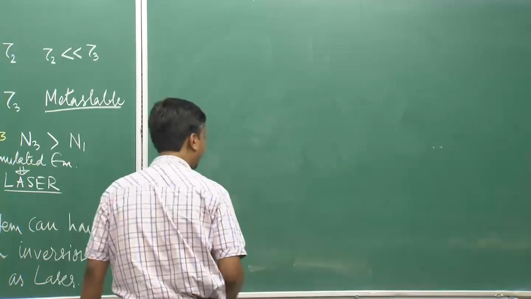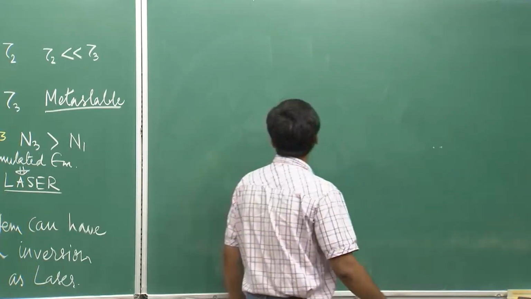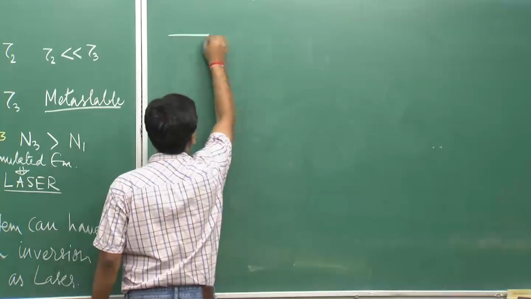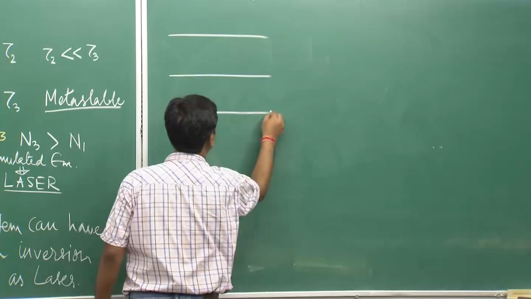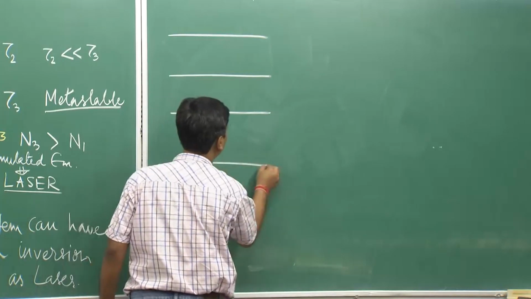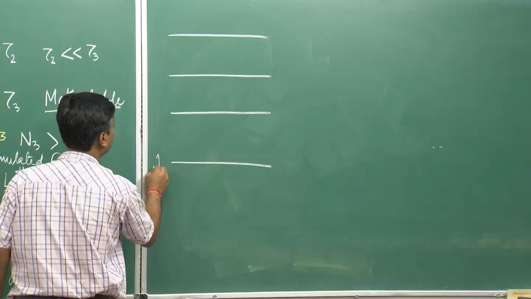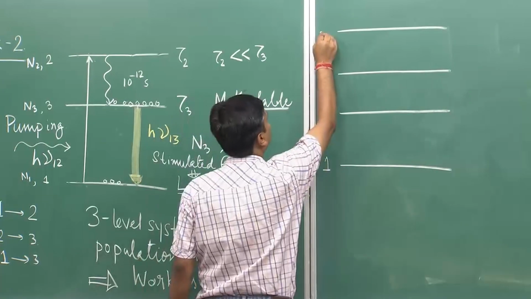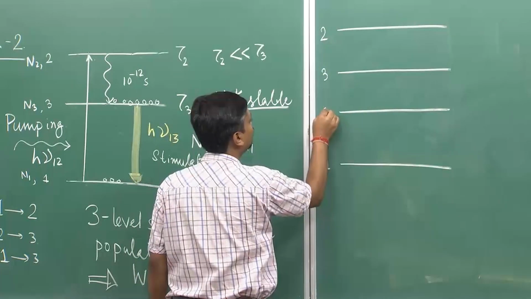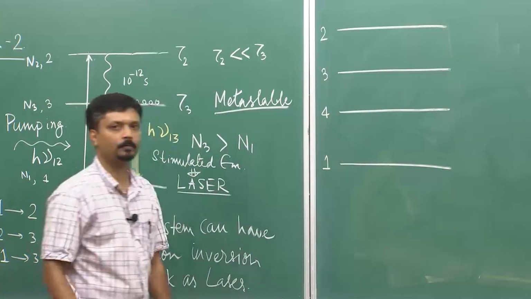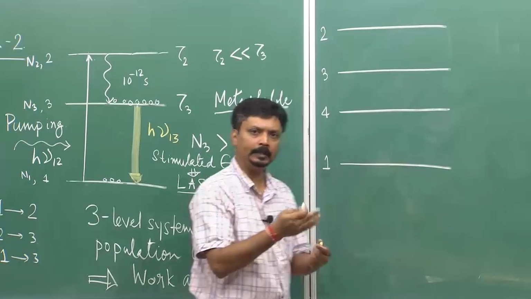So, let us take a 4-level system in a very similar manner. So, again I will name it in the same way. So, first level is 1 and the topmost level is 2, and then I have 3 and level 4. So, we will follow the same convention.